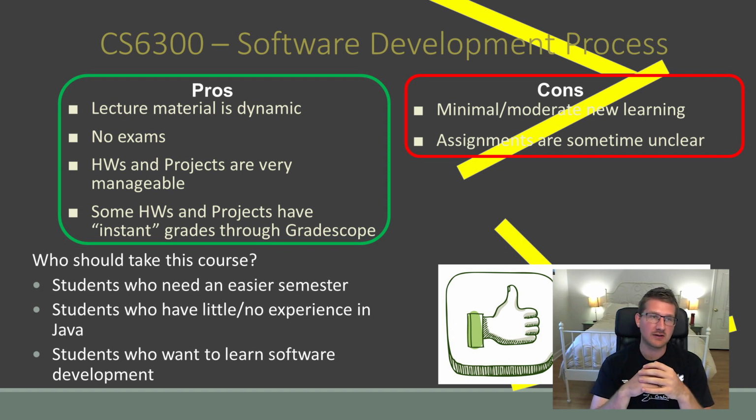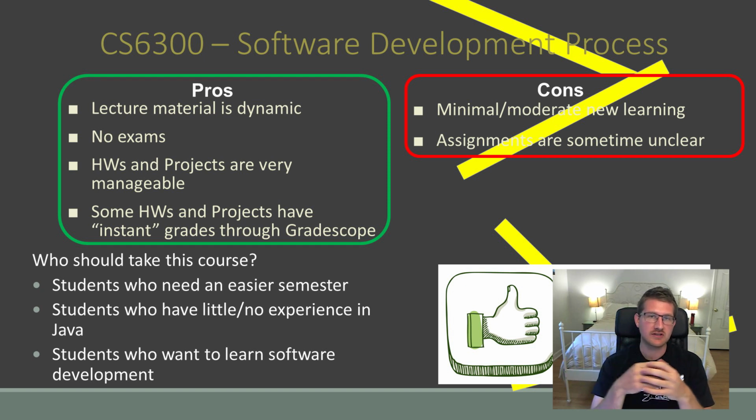And this was true a little bit more with the individual project than anything else, but just some of the assignments are written really well and some of them take a little bit of work to get there. And that can be frustrating because you're in the class to really learn the material, not to try to figure out what the instructor is trying to get you to do.